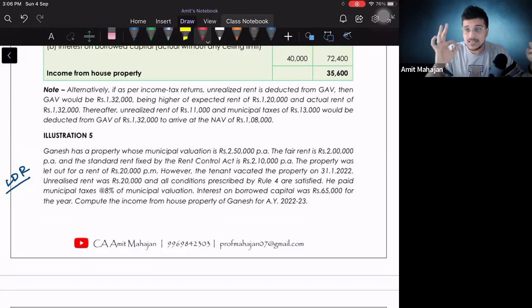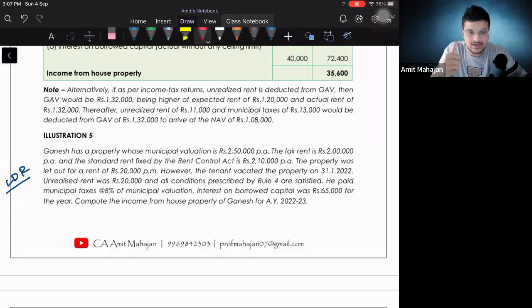There is going to be a lot of information in the question, but you have to ignore everything and go step by step. First, I have to find this, because if this is not there, there will be no further question. If you follow this, all your tax questions will be a cakewalk. I'm telling you. It's just that the information is so much that we get confused. Then from where to start? The first point is GAV, and in GAV the first point is expected rent.